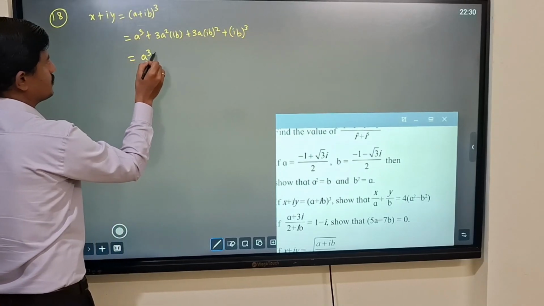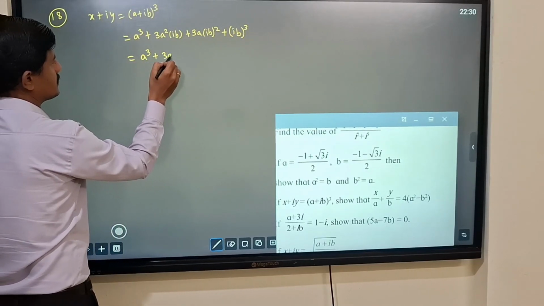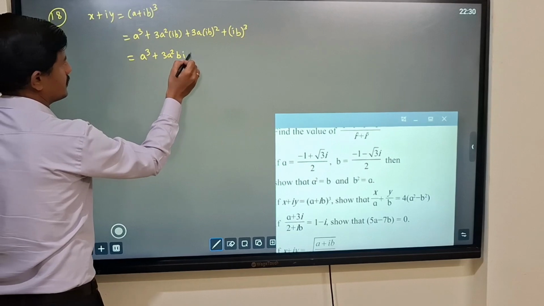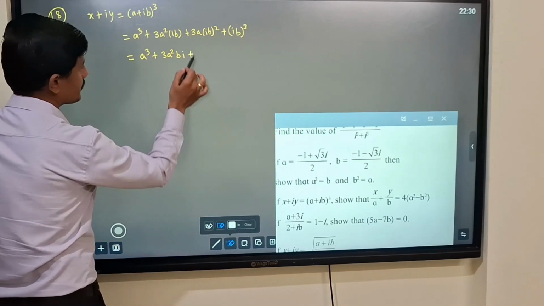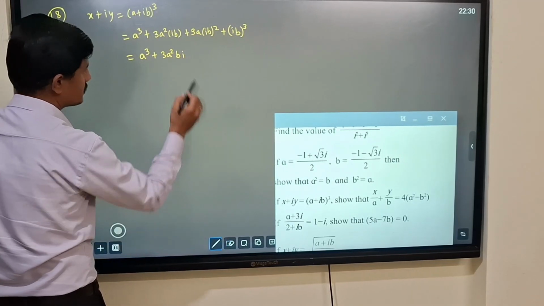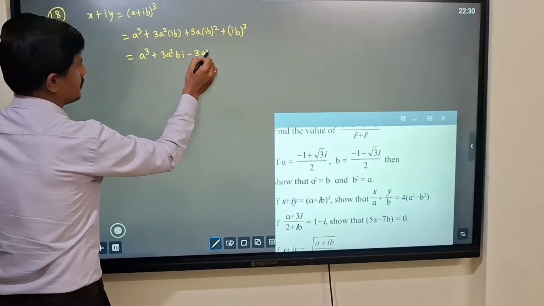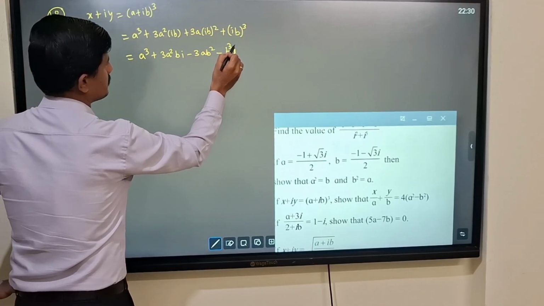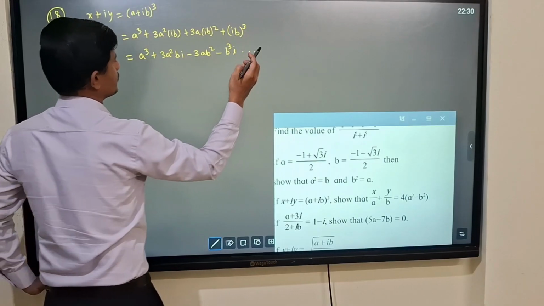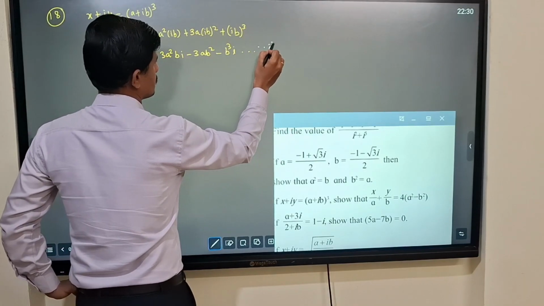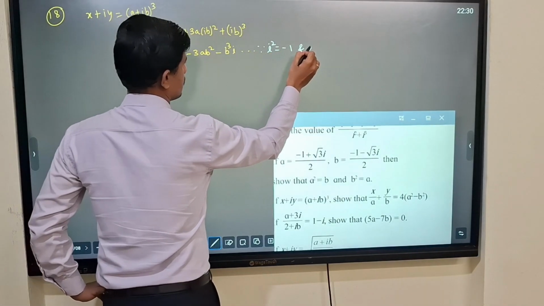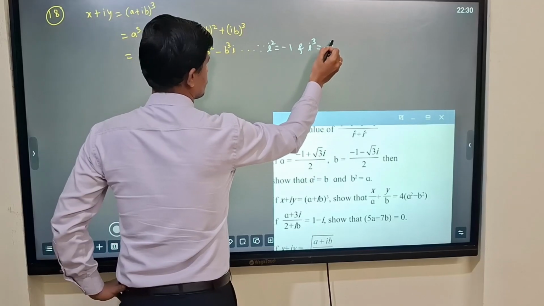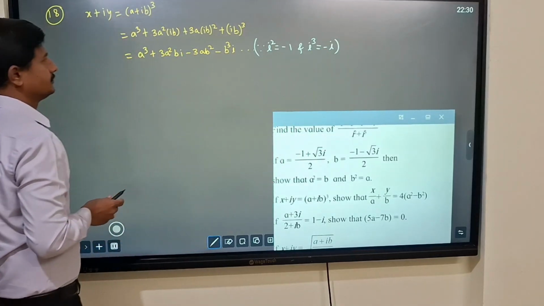So this is a cube plus 3a square b i. Okay, i square is minus 1, so this becomes minus 3ab square, and i cube is minus i, so this becomes minus b cube i, since i square is equal to minus 1 and i cube is equal to minus i.